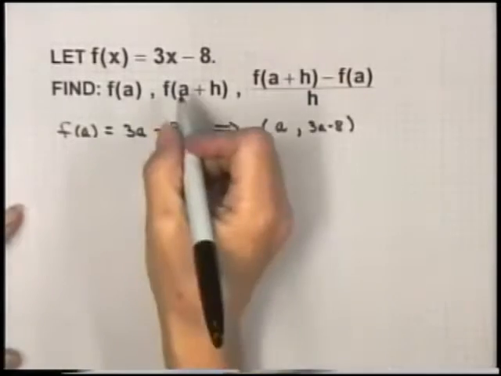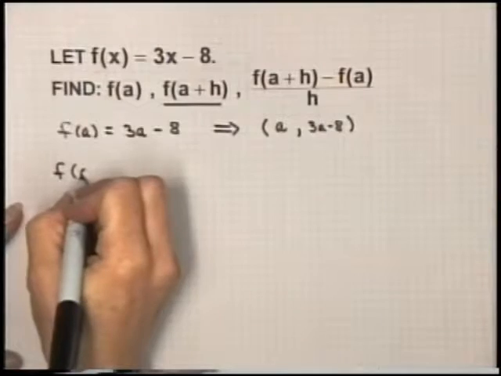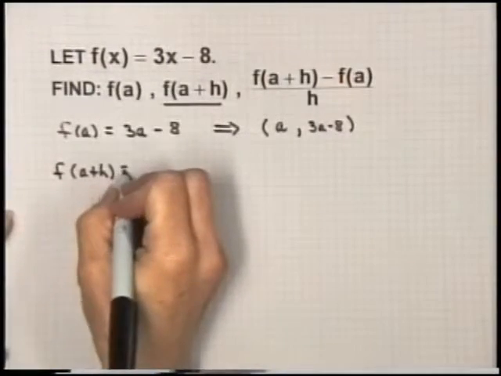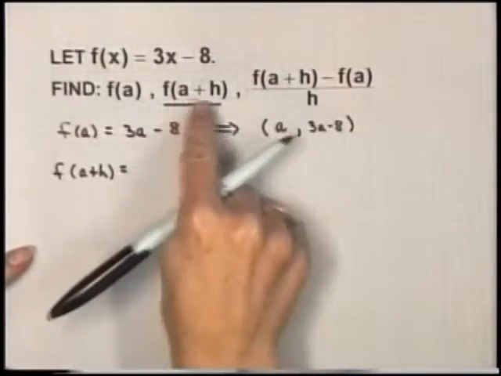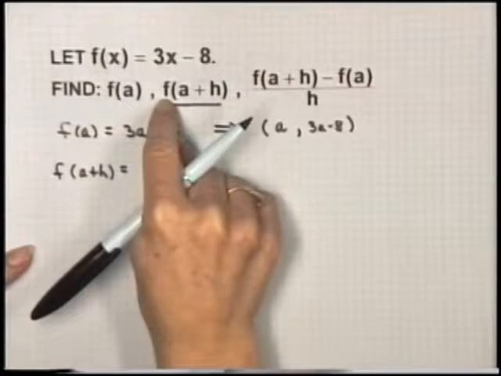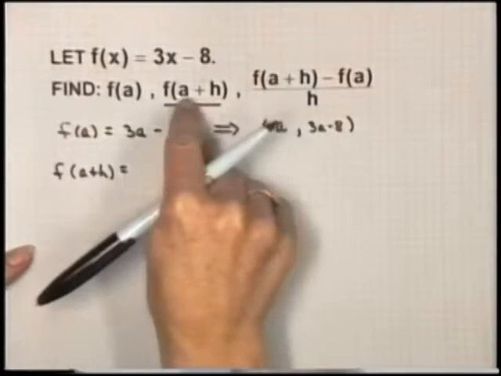Let's look at this second one. F of a plus h. It does not matter how complicated this expression is inside the parenthesis. Notice here's our function notation. Our parenthesis includes all of this, a plus h.